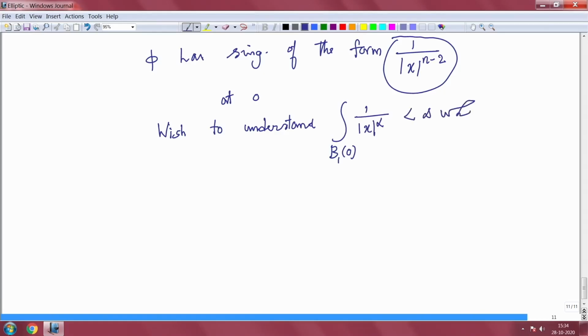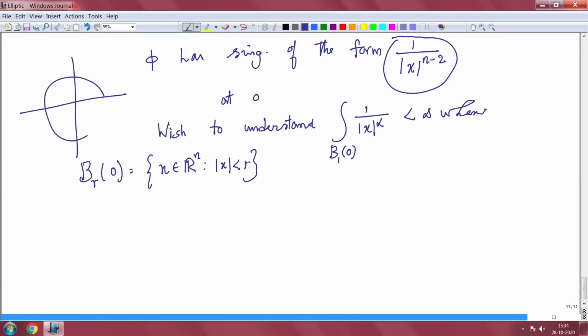This is the question, where B1(0) is the open ball of radius 1 in Rn. More generally, Br(0) is the set of x in Rn such that mod x is less than r. This is the ball of radius r centered at the origin.